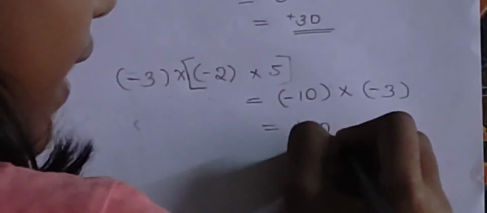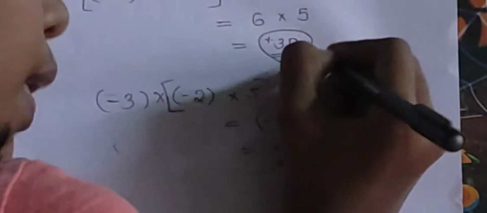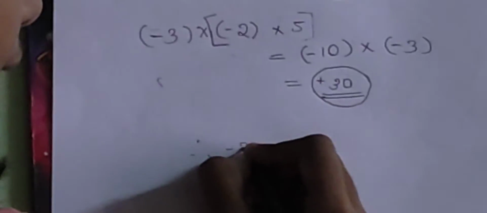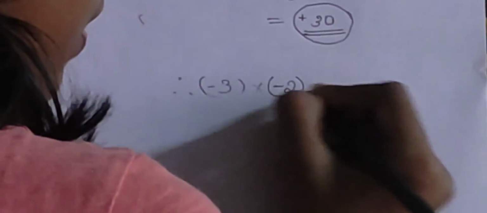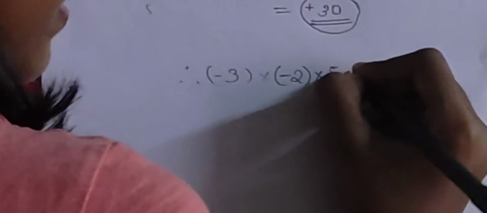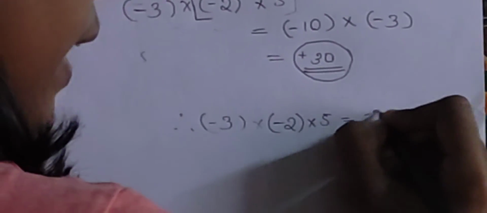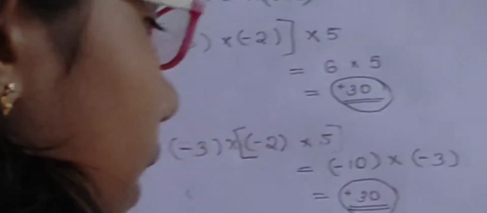Here we have two negative integers. So the answer is positive 30. Here both answers are the same. Therefore, (negative 3 into negative 2) into 5 is equal to negative 3 into (negative 2 into 5).